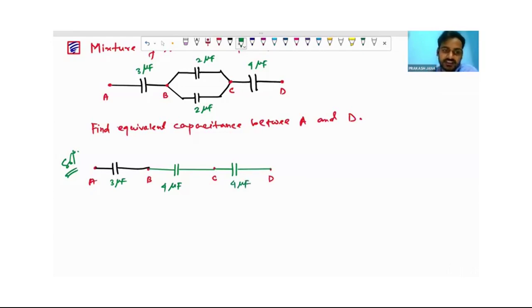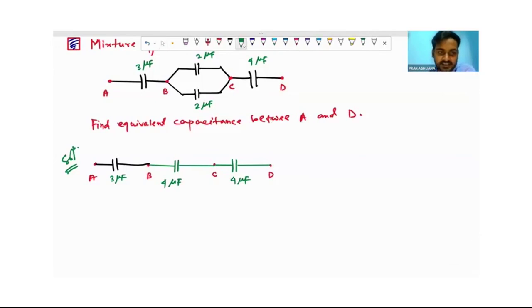So now, as we can see here, these capacitors 3, 4, 4 are connected in series. So the equivalent capacitance will be what? Not resistance, the equivalent series combination. How to find it? 1 by 3 plus 1 by 4 plus 1 by 4.